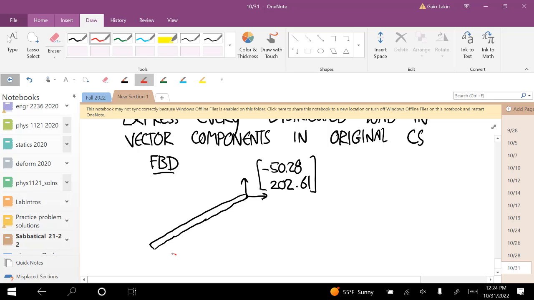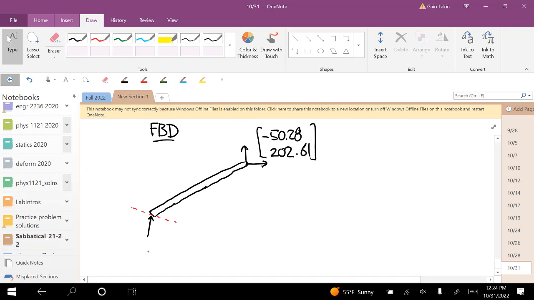Down here, we have the force 292.28. And now the distributed load, in this case it's just the weight, is a downward uniform distributed load like this.